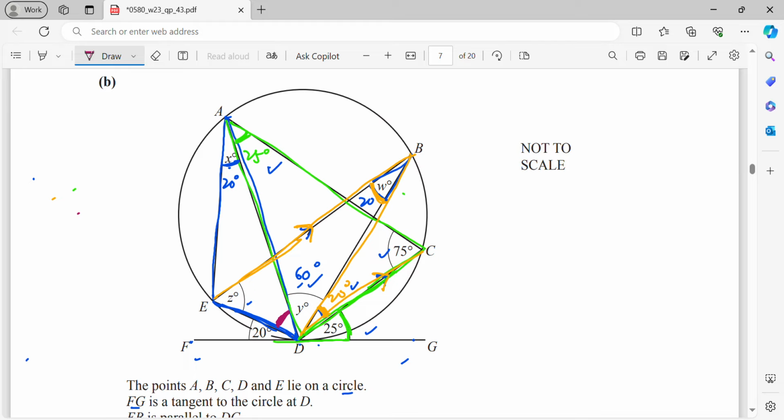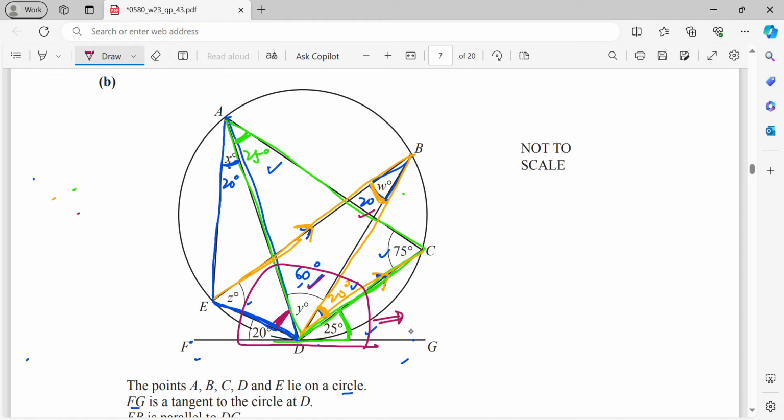So for this angle EDA, I need to use 180. See here? This 20, this is 60. Right. So let me check. Okay, I need to find this angle. I will just consider this. So I consider this angle.